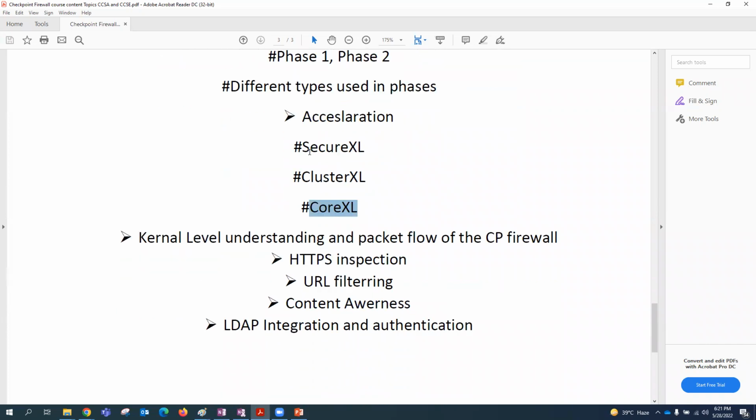And how these things happen at the core level, on which kernel you will be performing them, and at which section of the firewall these accelerations make a difference or where you can make changes, we'll discuss in our lab.